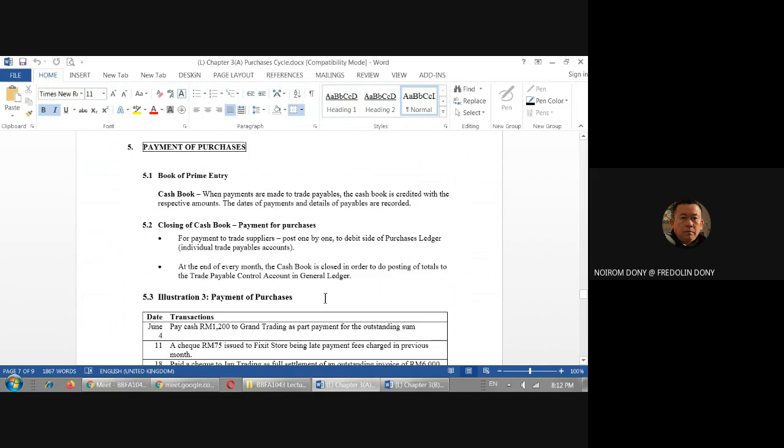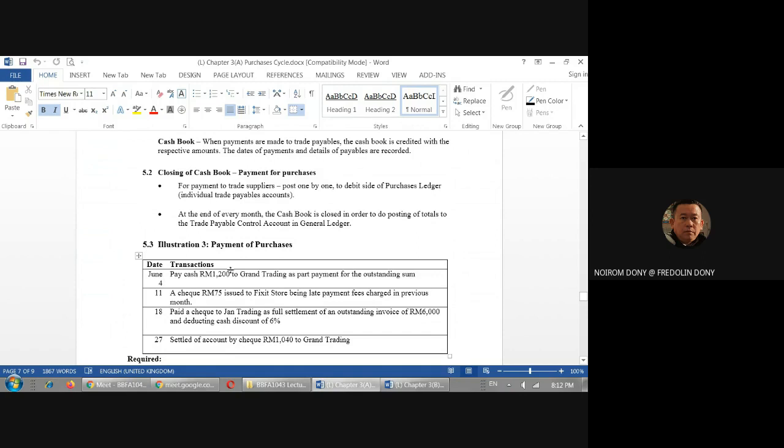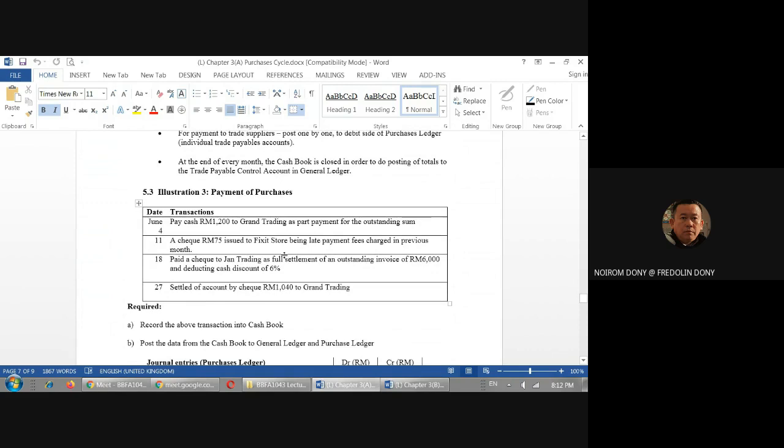So let's look at the illustration, payment of purchases. Look at the transaction. Record the above transaction into the cash book. So you are required to open up the prime entry cash book.